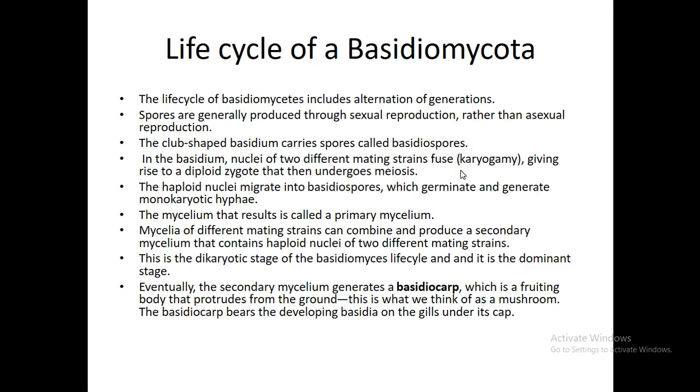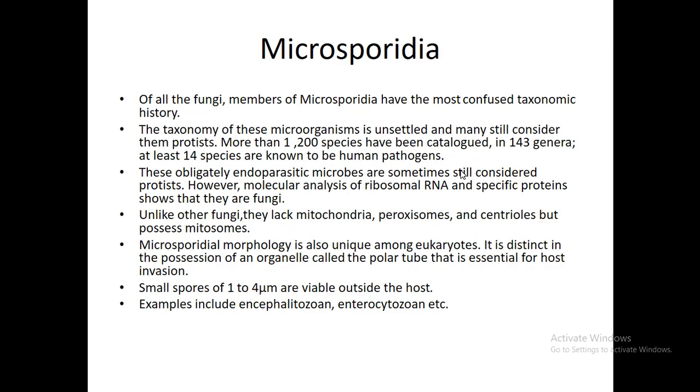The next and the last class of this classification is microsporidia. Of all the fungi, the members of microsporidia are the most confused in taxonomic history, as these microorganisms are still unsettled, and many scientists consider them protists.